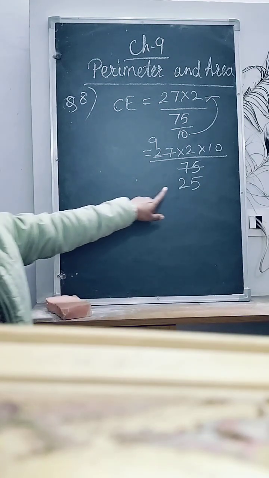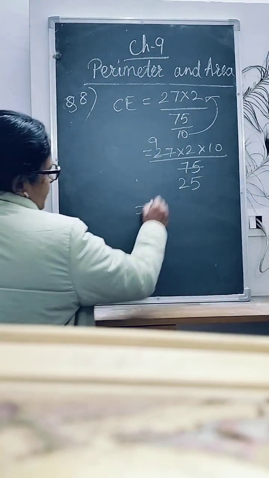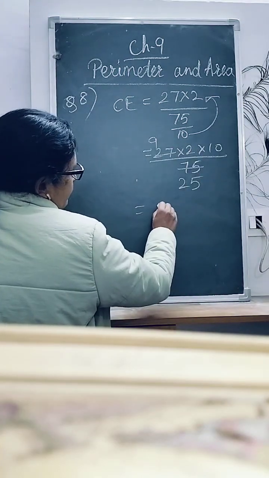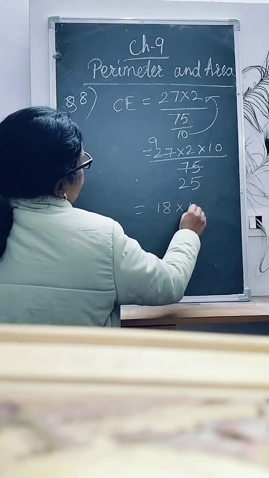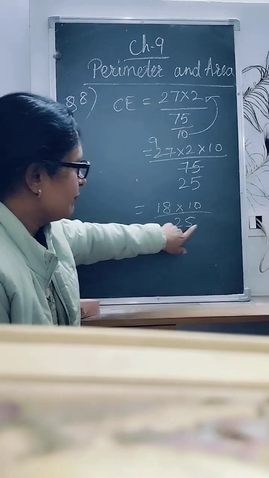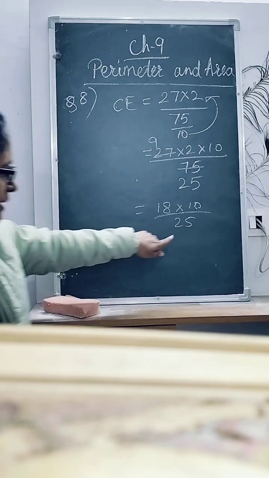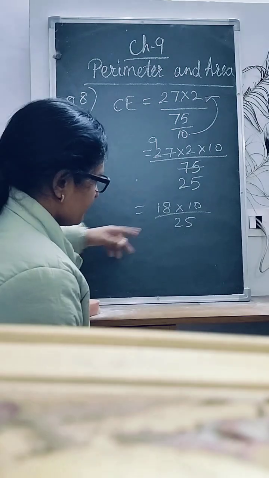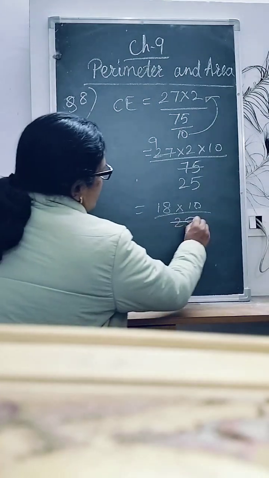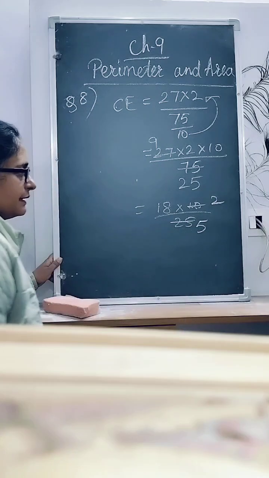So we got 25 here, and 9 above. Then there is one more, because of 0 and 5: the divisibility rule of 5 says the one's digit can be either 0 or 5. So it is divisible by 5. 5 fives are 25, 5 twos are 10.